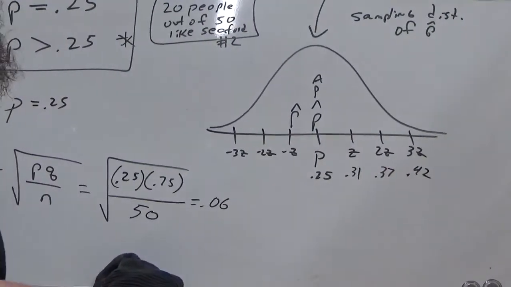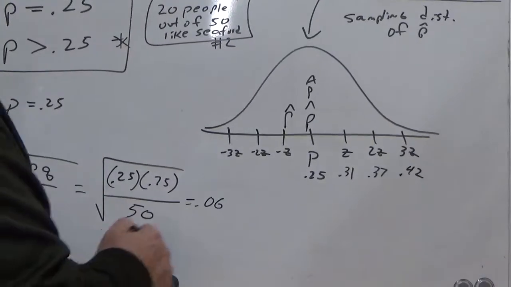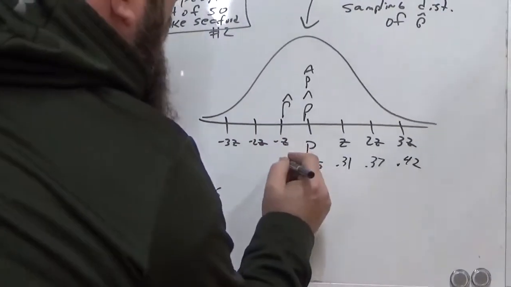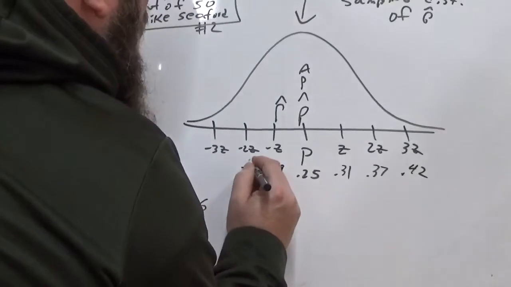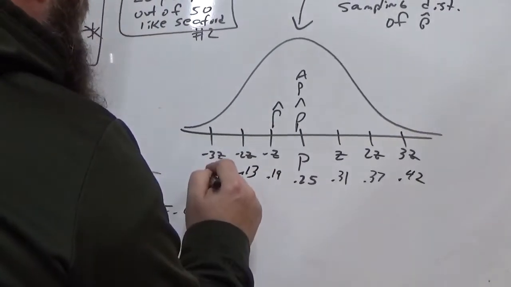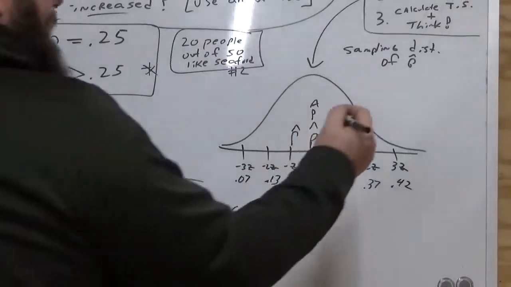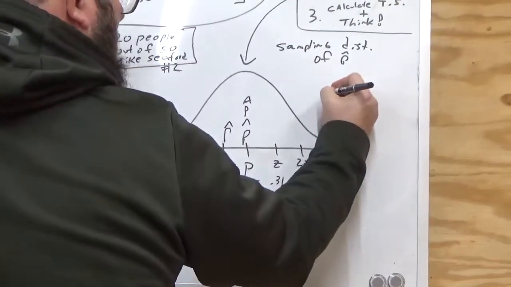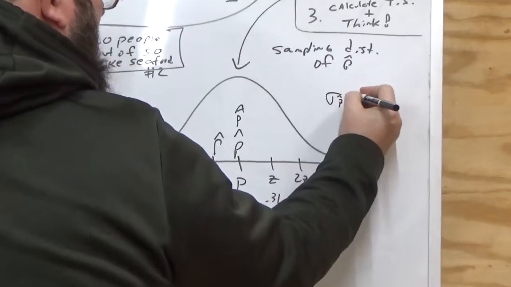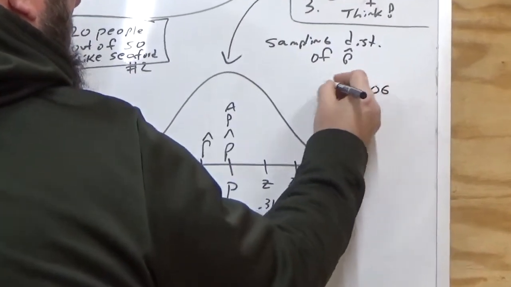What if I go down? 0.25 minus 0.06 is 0.19, this is 0.13, and then this is 0.07. So the standard deviation of all these p-hats is 0.06.